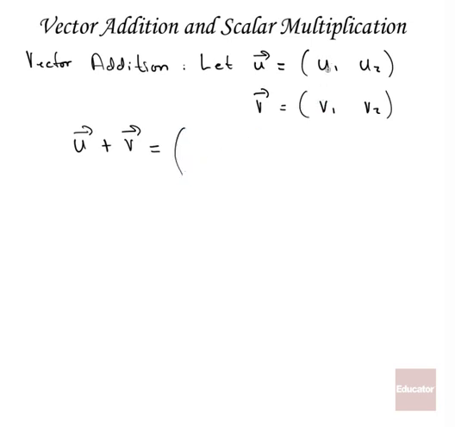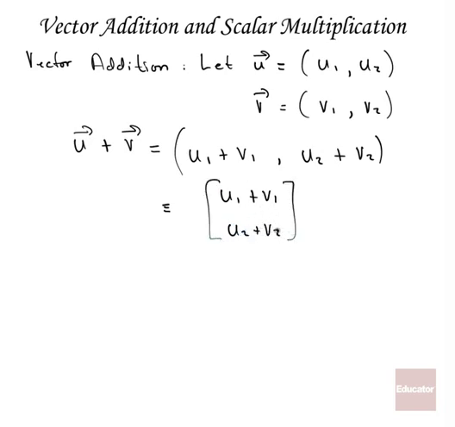You add the x component of u with the x component of v, so it's u1 plus v1. And I'm going to put commas, and then you have u2 plus v2. We can also write it as the column representation, u1 plus v1 over u2 plus v2. So all I've done is add my x components, add my y components, and now I have a new vector, which is u plus v.